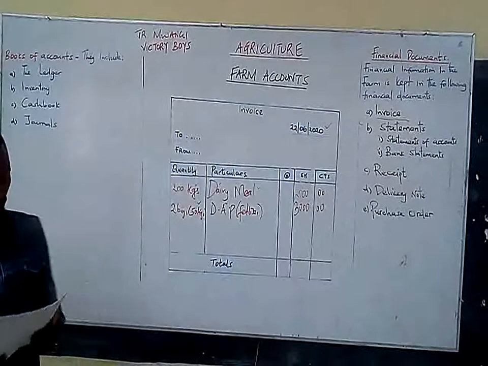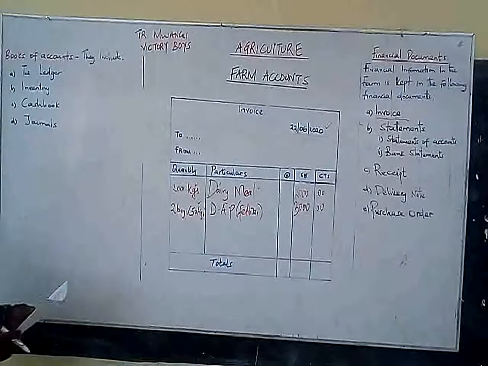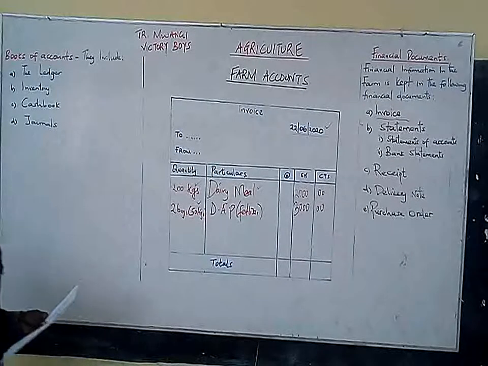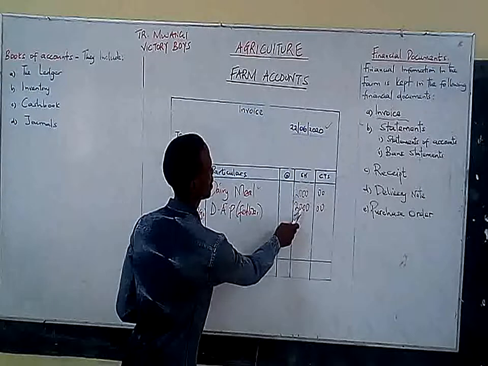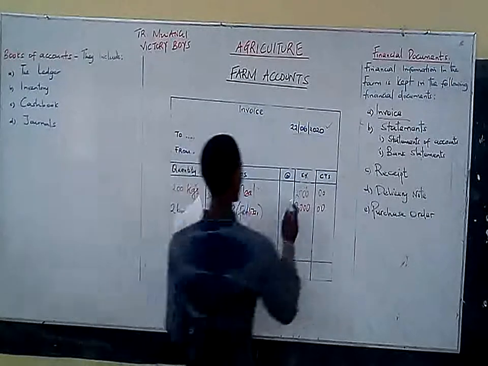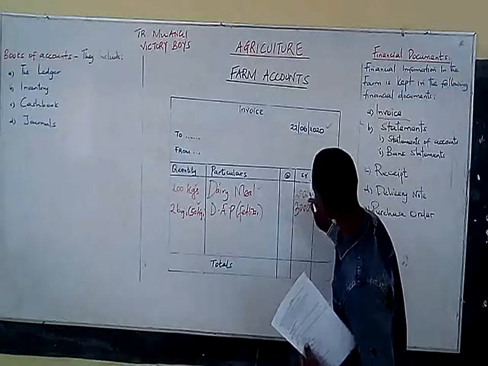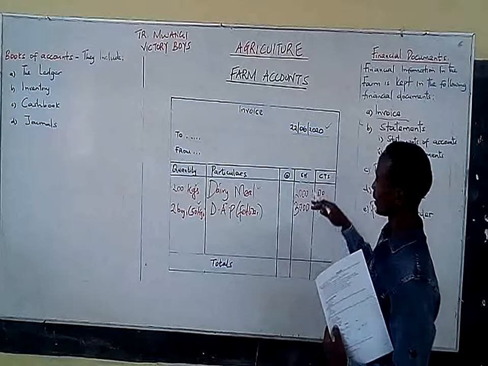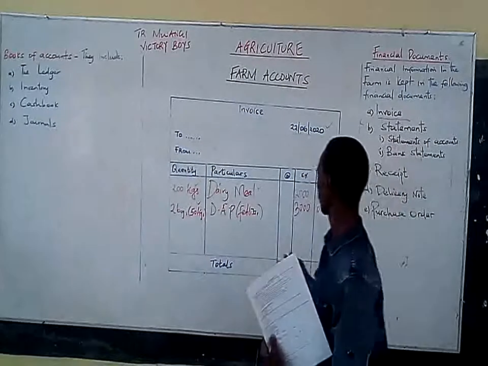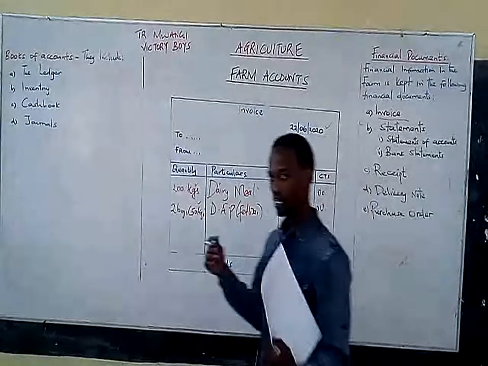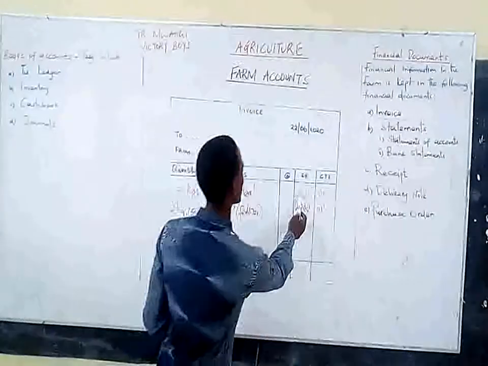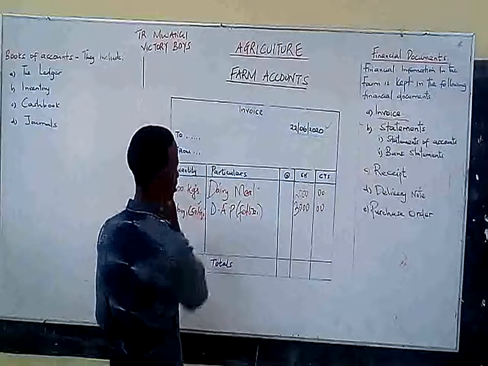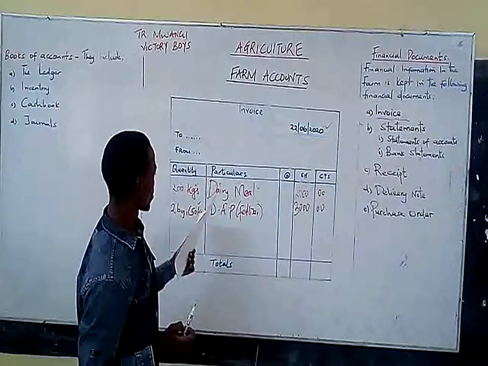Then you also have the total cost of goods which are bought, which we have over here. Here we have 2,000 for 200 kgs, so every kg cost how much? We divide 2,000 by 200 to find the cost of each.